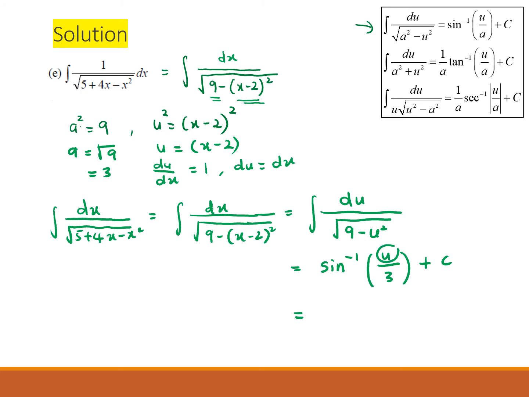Our u now is equal to x minus 2. So we substitute u with x minus 2, divided by 3, plus c. So this is the solution for question E.